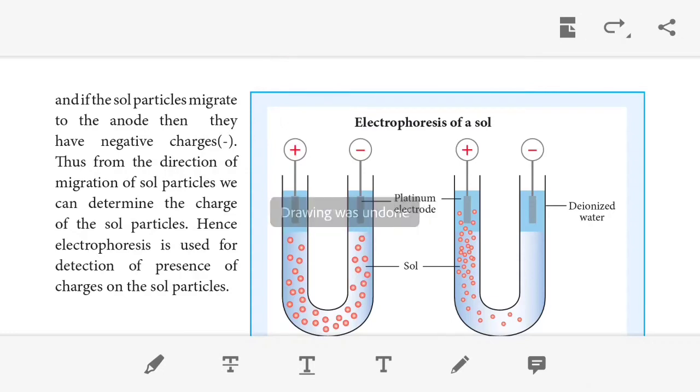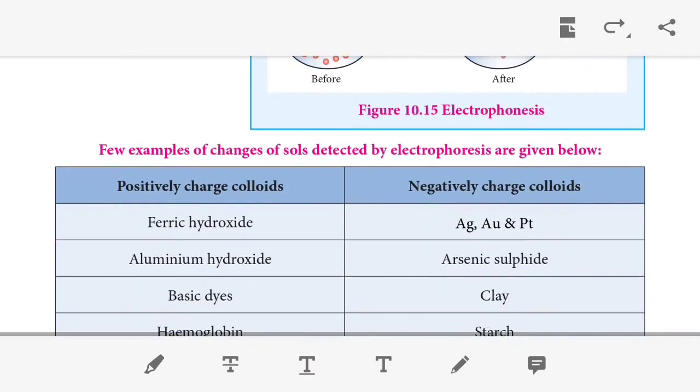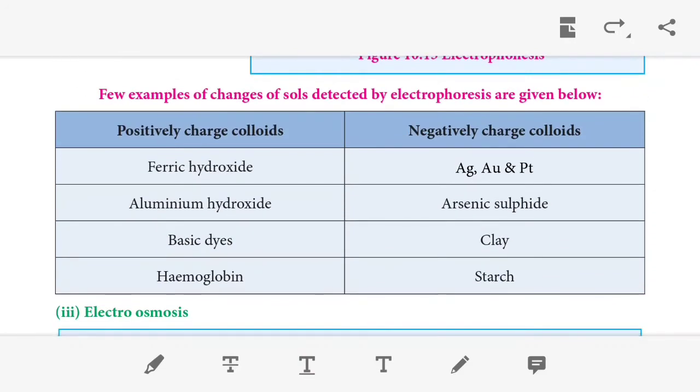If the sol particles migrate to the cathode, then they possess positive charge. If they migrate to the anode, they have negative charge. The positive charge colloid is ferric hydroxide; negative charge colloids are silver, gold and platinum, etc.